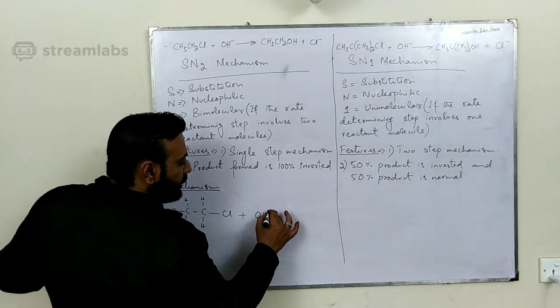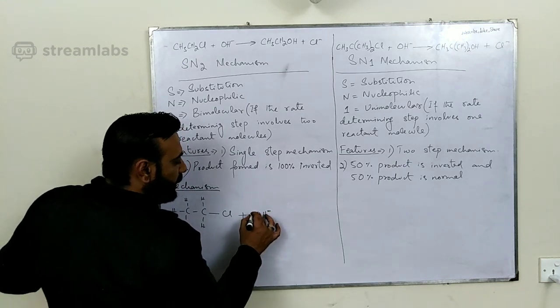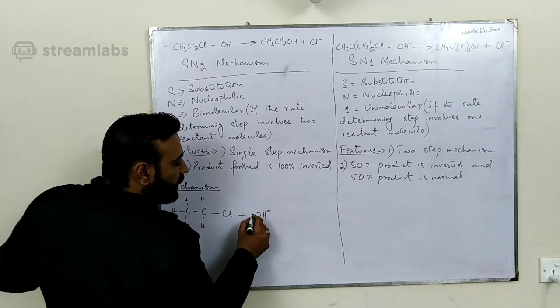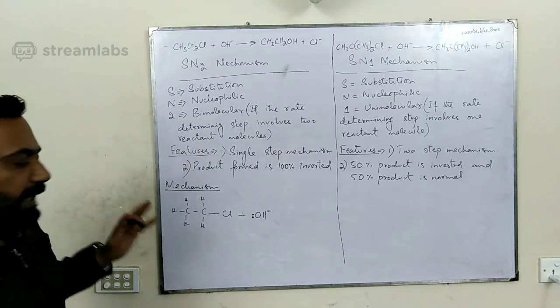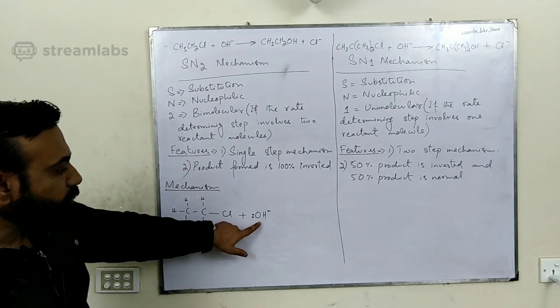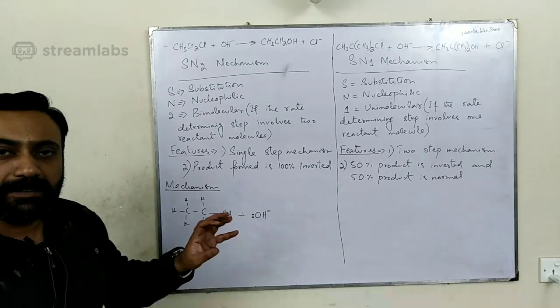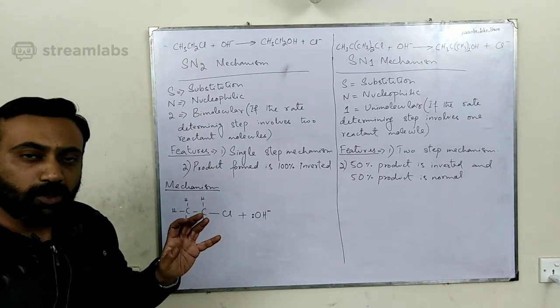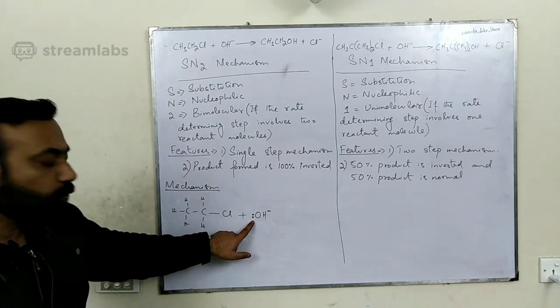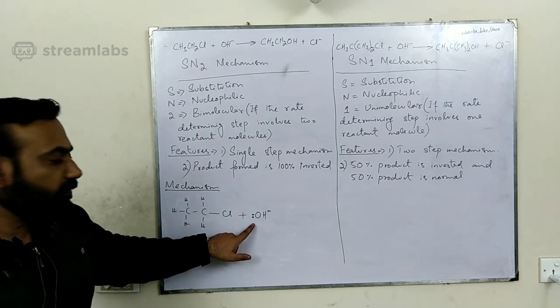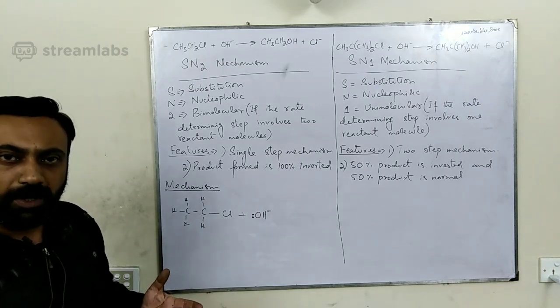It would react with these hydroxide ions, and this time when I am drawing the mechanism of a reaction, I am showing this hydroxide ion as a nucleophile. So I have to show this lone pair of electrons. This pair of electrons would be involved in the bonding.